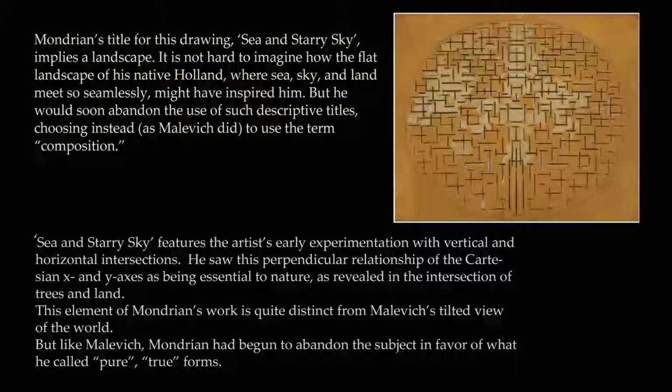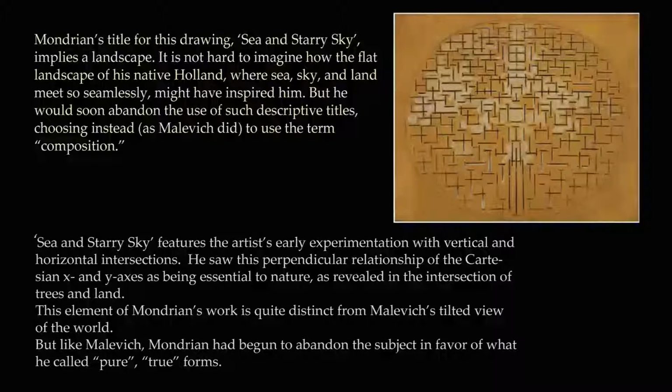So it is not hard to imagine how the flat landscape of his native Holland, where sea, sky and land meet so seamlessly, might have inspired him. But he would soon abandon the use of such descriptive titles, choosing instead, as Malevich did, to use the term composition. So that was also one position that many abstract painters have taken, to get rid of any descriptive title and use titles which are equally abstract.